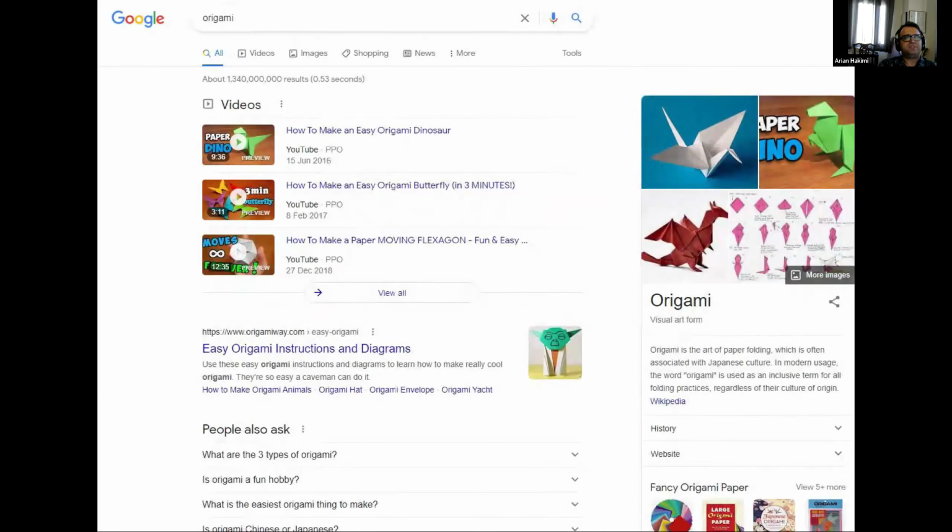So for example, if I tell you about origami, and if you just Google it, you can see that it is represented as a paper folding craft, which, as you can see by the picture, is sort of child's play. But the way that I see it, it's more sophisticated.